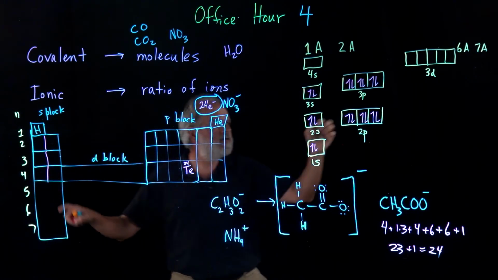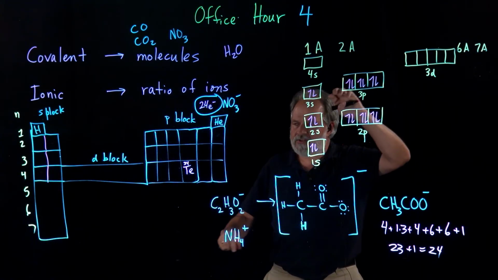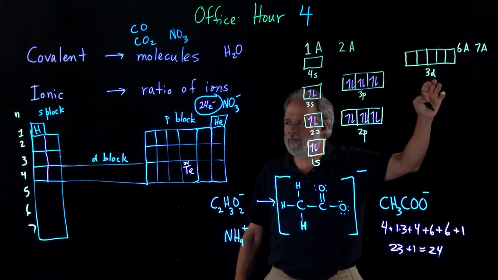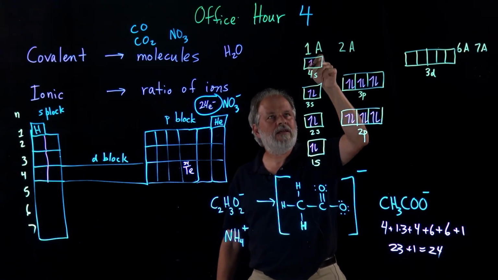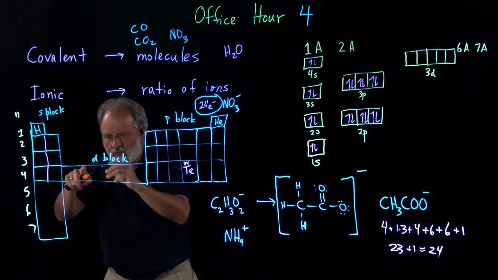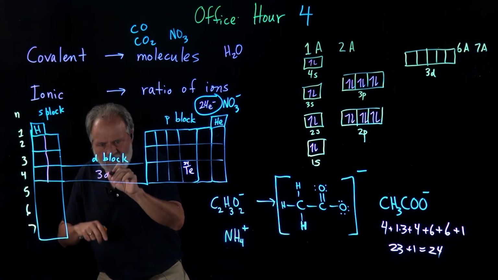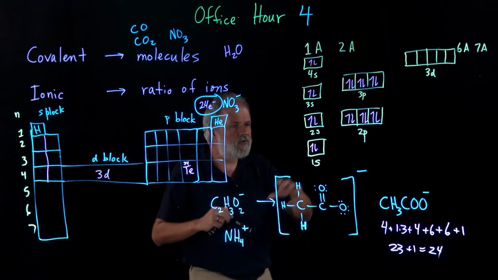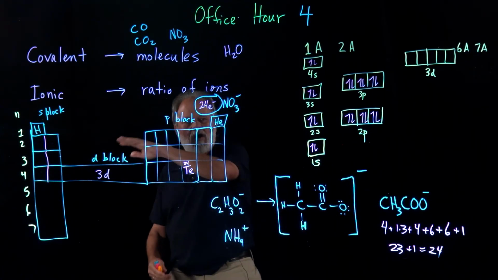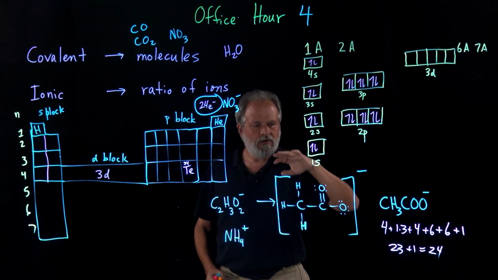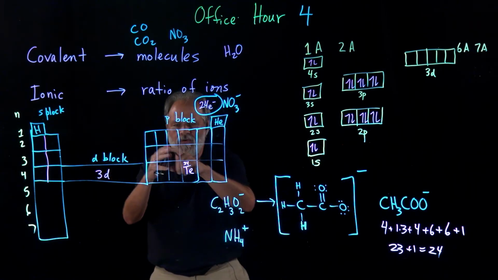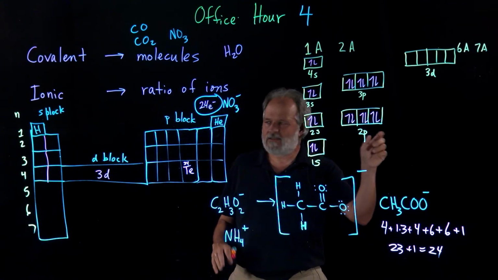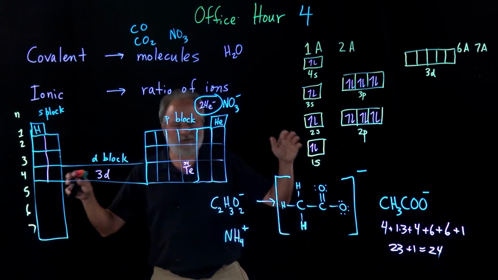Look what happened. Shell 3 has a new type, but we're not putting electrons in yet. We're actually putting electrons into the 4s before we get to the 3d. Row 2 has the 2s and the 2p being filled before anything else goes to row 3.